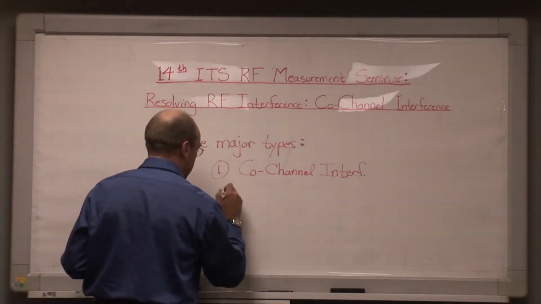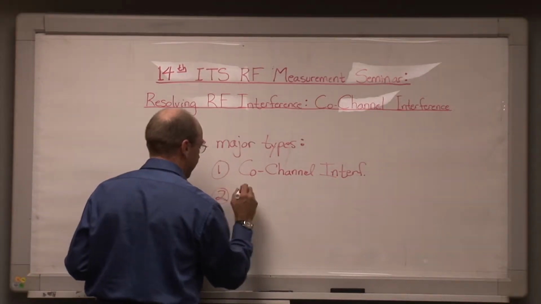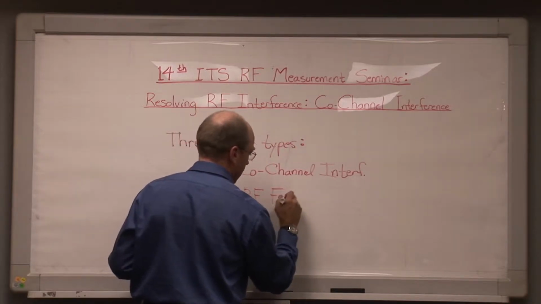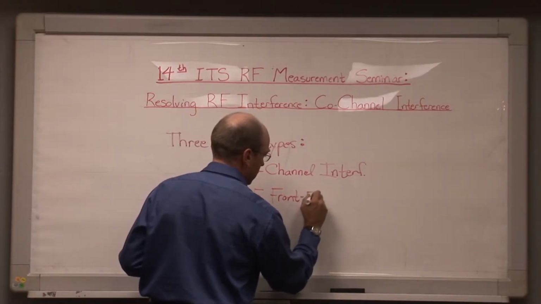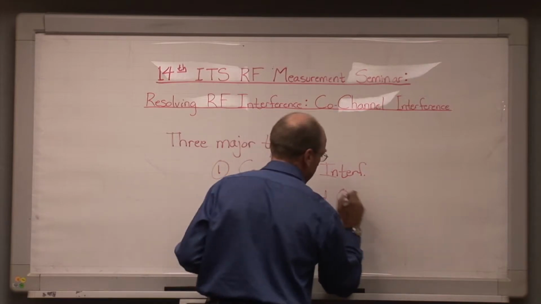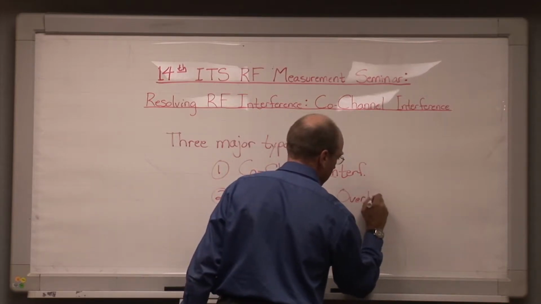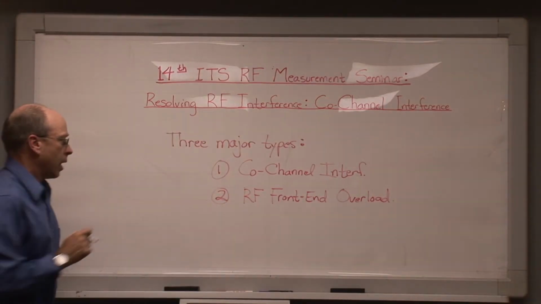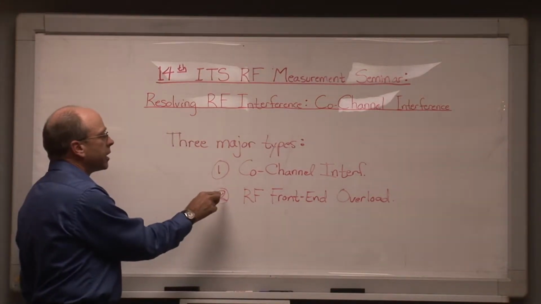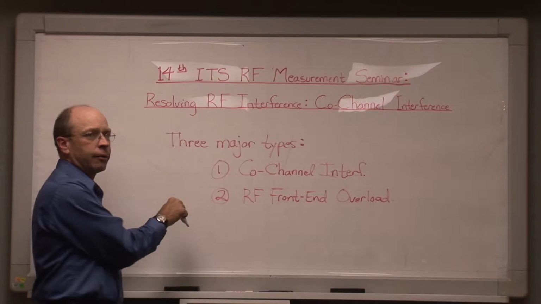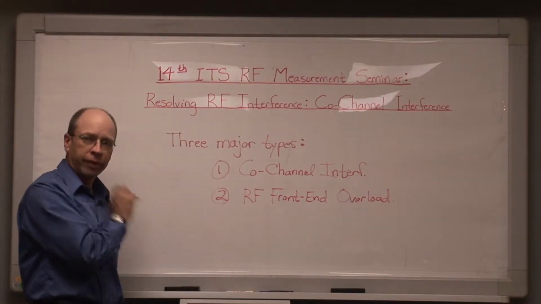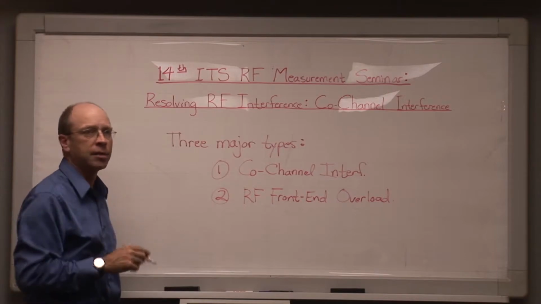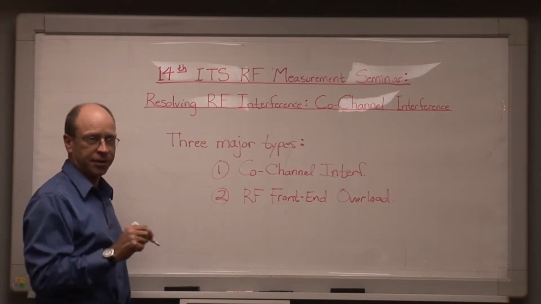The second major type of interference is RF front-end overload. And this is interference which is putting energy into a receiver at a frequency which is different from the frequency that the receiver is actually utilizing for its desired communication link or its desired channel.